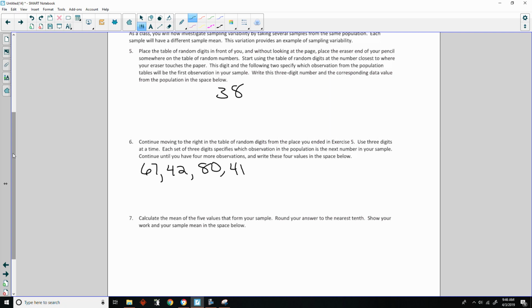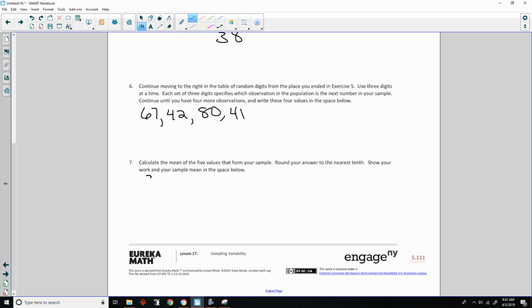Calculate the mean of the 5 values that form your sample. So I have 38, 67, 42, 80, and 41. 8 and 7 is 15, 16, 17, 18, carry the 1, 3, 4, 10, 14, 22, 26, divided by 5.